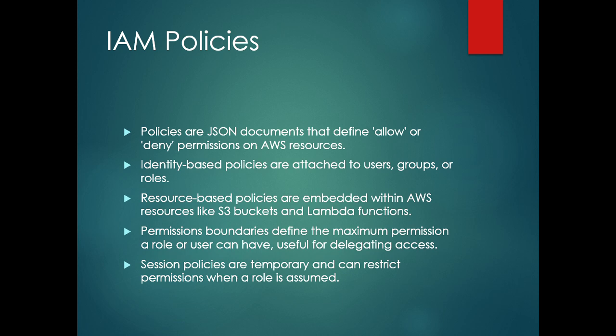For example, you attach a policy to an IAM role that allows only S3 ListBucket and S3 GetObject for one specific bucket, ensuring users can't modify or delete files. So that is how IAM policies are defined. Let's move to the next section.